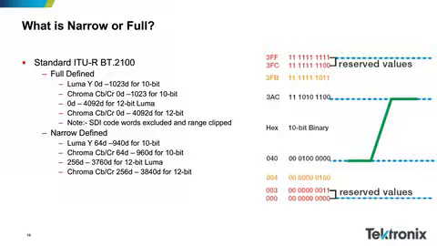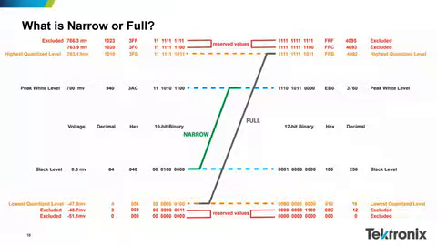So you can see that normal SDI levels go from a hex 40 to 3AC for a Luma. And then if we were to look at that same Luma value in full levels, it's going to go from 4 decimal to 1019 decimal for full levels.